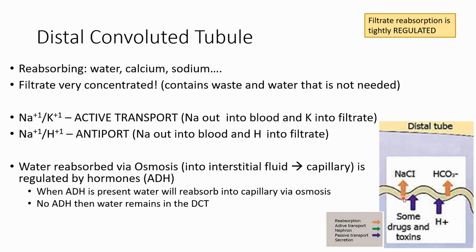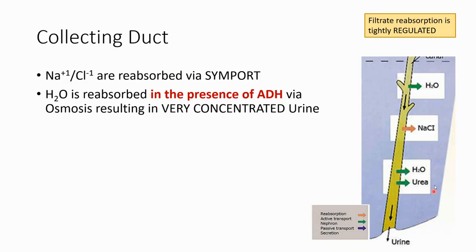In the distal convoluted tubule, you're going to have sodium chloride leaving, you're going to have bicarbonate leaving, and you're going to get some drugs and toxins and hydrogen coming into the nephron. And then in the collecting duct, again, you're going to have some sodium chloride involvement here with symport acting. Water is resorbed when antidiuretic hormone is present through the process known as osmosis, and that will result in a very concentrated urine.